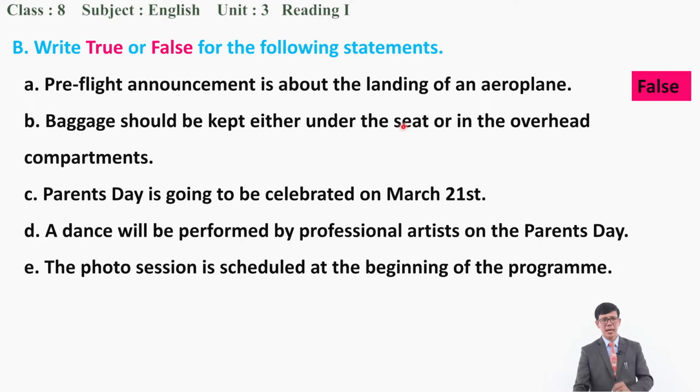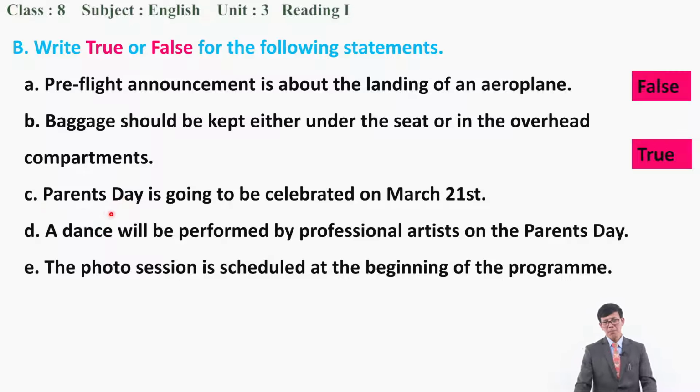Read the text and tell me whether this statement is true or false. Yes, you're right. The baggage should be kept either under the seat or in the overhead compartment. So that is absolutely true. Yes, very good. And number C, let's talk about this one.